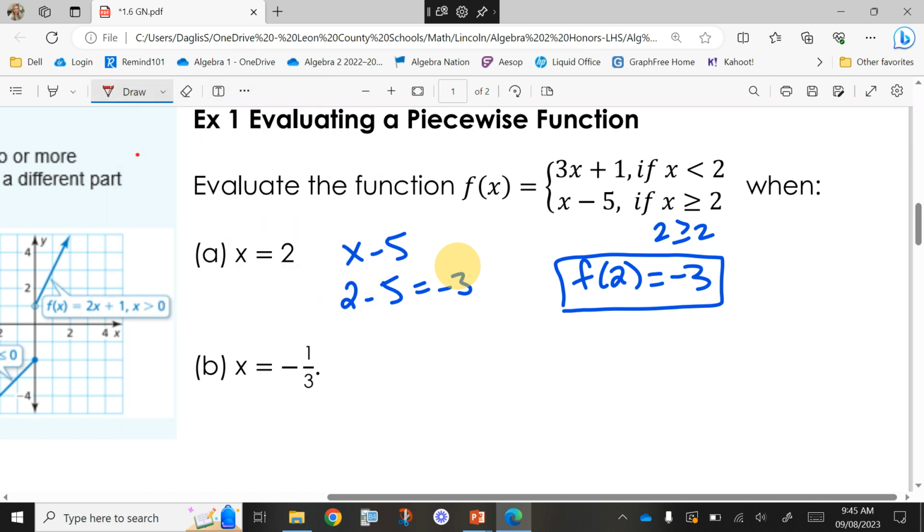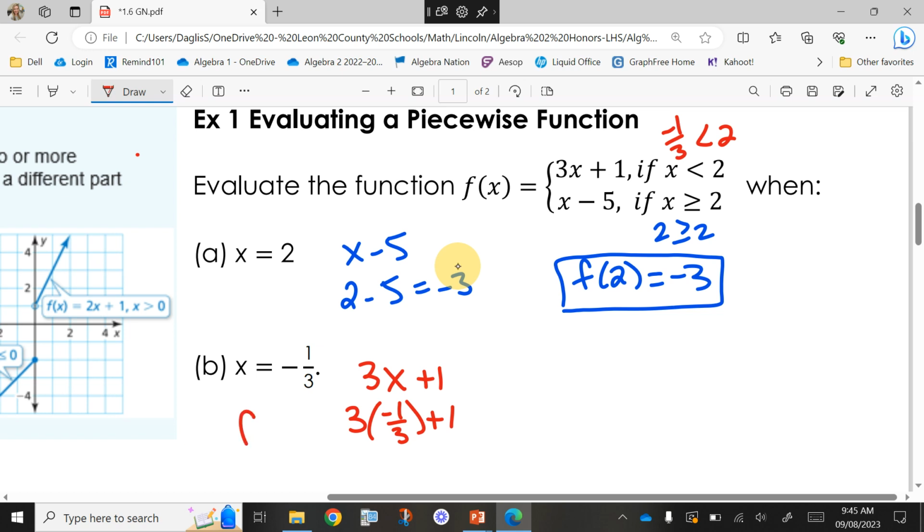All right, how about when x is -1/3? Naya, what do you think? Where's it going to go? 3x plus 1 or x minus 5? How come? Because -1/3 is less than 2. Yeah. So instead of an x right here, now it's going to be 3 times -1/3 plus 1.